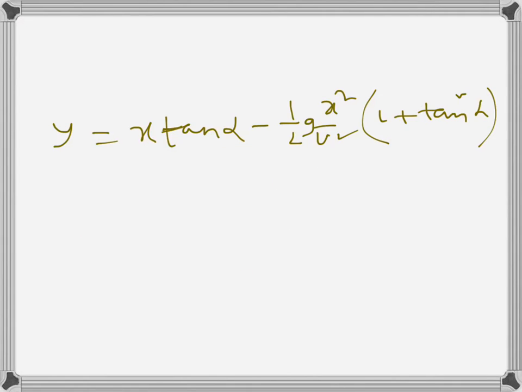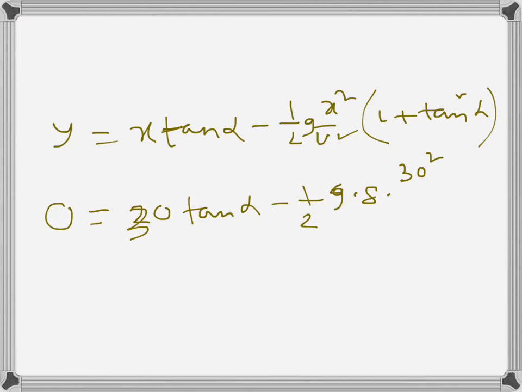But in this case y will be 0 and x is 30, because that's the range, and u is the velocity, 20, and half 9.8 times x square, which is 30 square, over u square, which is 20 square, times 1 plus tan square alpha.